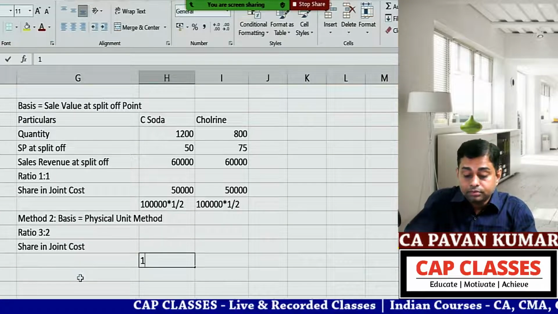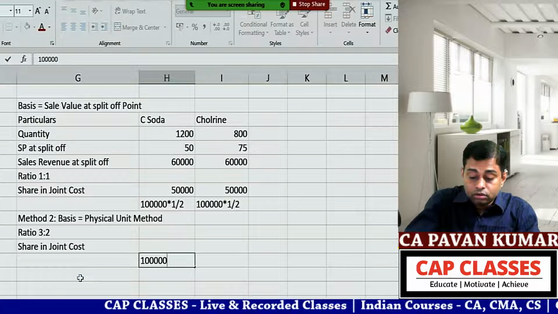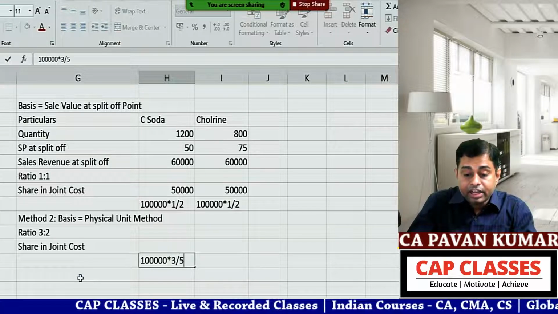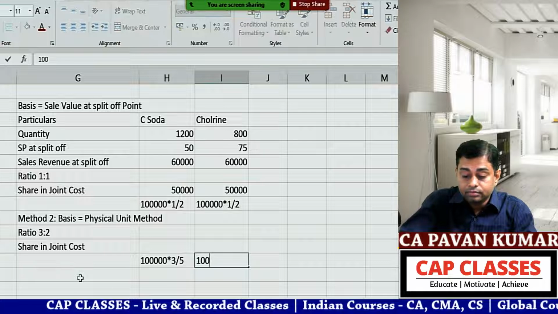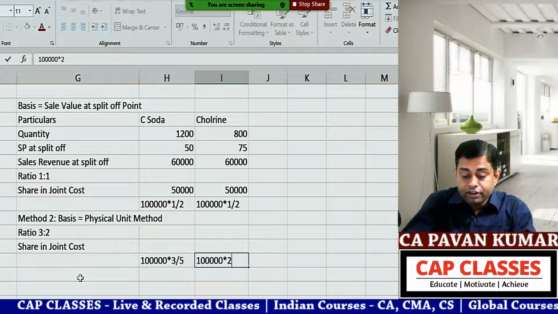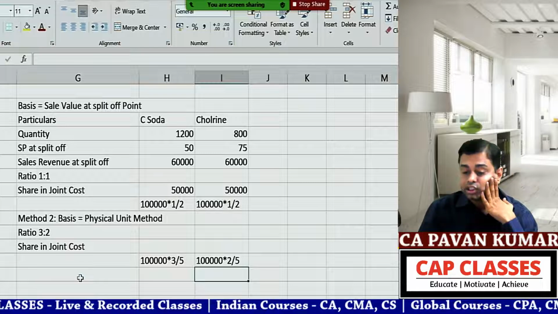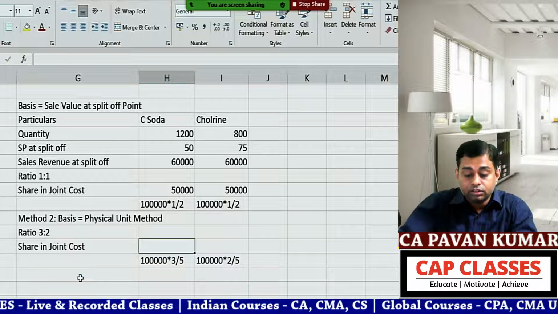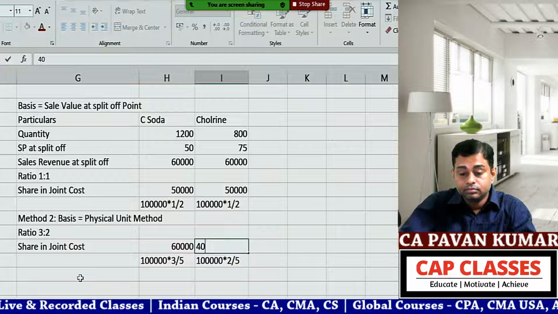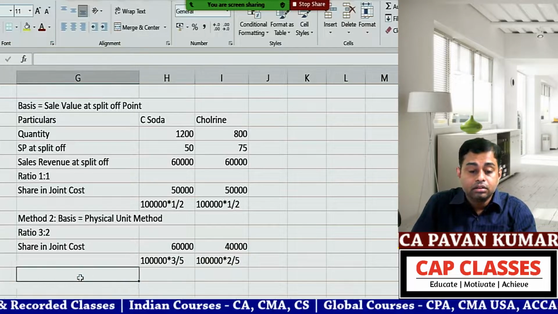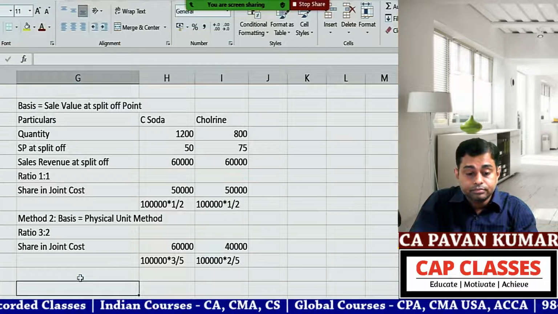Share in joint cost: 1 lakh into 3/5, 1 lakh into 2/5. 3:2 ratio. So is it 60,000 and 40,000? Are you following me?